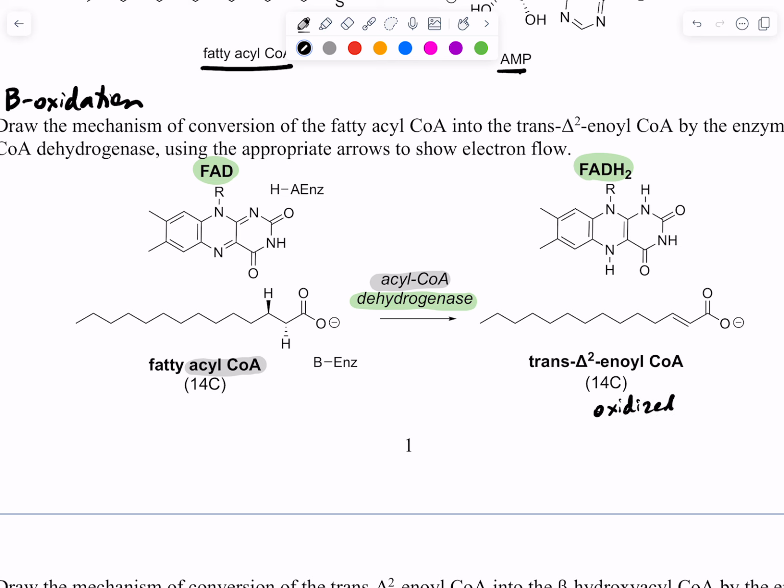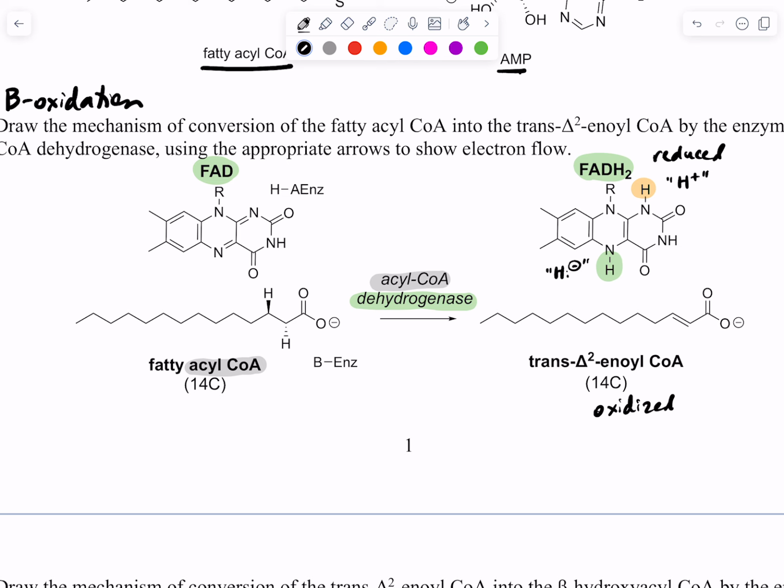In that process, FAD gets reduced to FADH2. Just as a reminder, this hydrogen and its electrons are the hydride that gets delivered to FAD. And this hydrogen here, just the hydrogen, not the electrons, that's the proton that gets delivered to FAD.